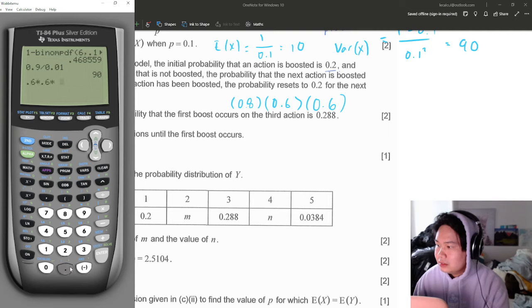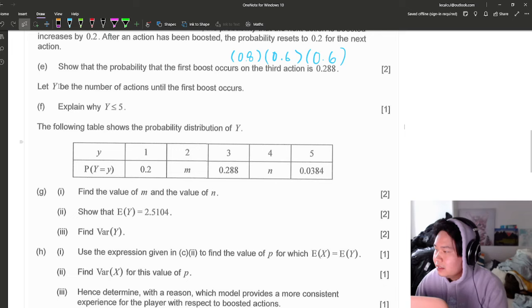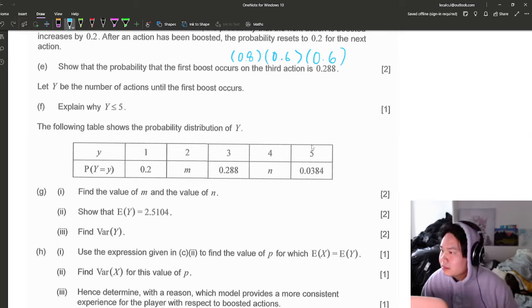Let's see. Gut check. Yeah. Explain why, let Y be the number of actions until the first boost occurs. Explain why Y is less than or equal to 5. Okay, because you're adding 0.2 every time.